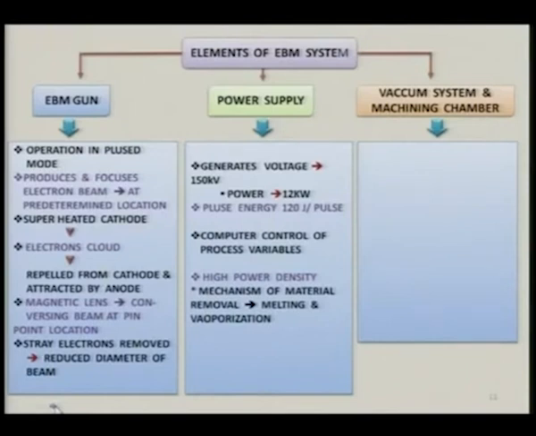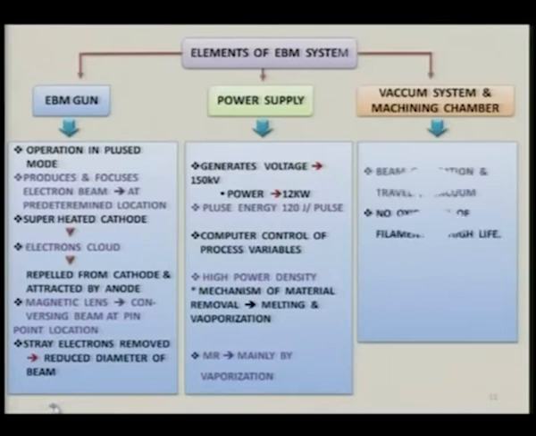Now the mechanism of material removal is melting and vaporization. Final material removal is mainly by the vaporization process. Beam generation and travel is in vacuum if it is a vacuum system, or if it is non-vacuum then definitely in the non-vacuum machining chamber.